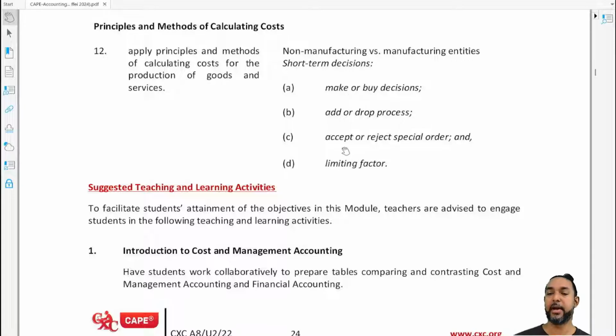Accept or reject special order and limiting factor, which they brought back on the syllabus a couple years ago. We saw in this section that when we are analyzing decisions, we need to ignore any costs that do not differ between the alternatives under consideration. In the majority of situations, the fixed costs were the costs that were ignored.